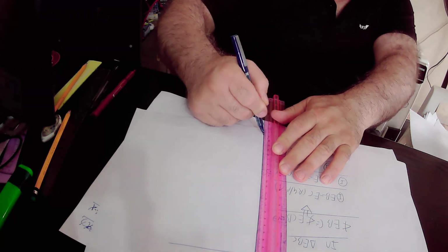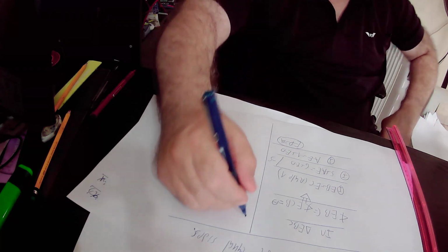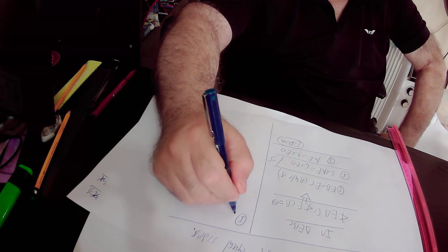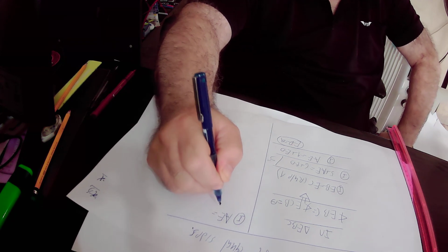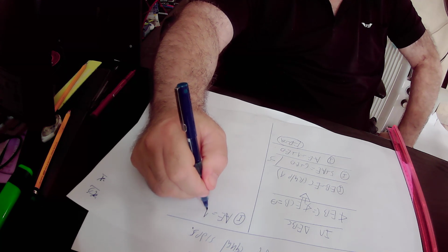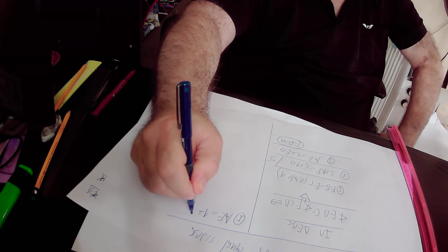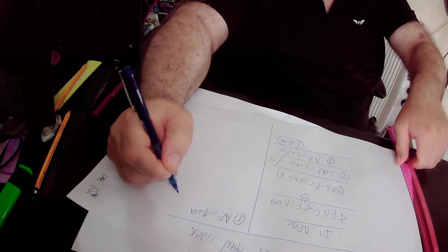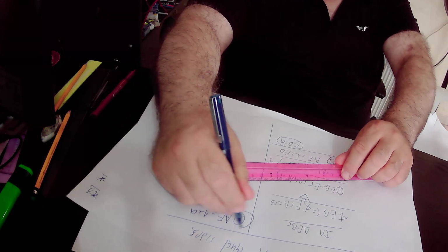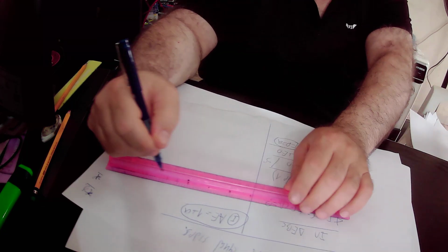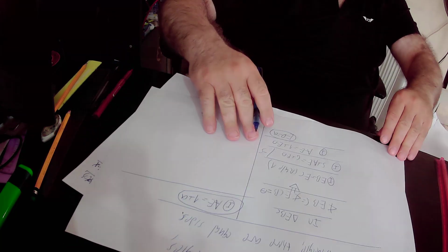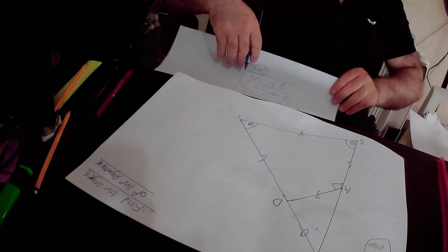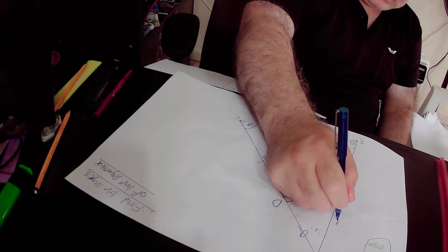According to equation number 1, AE equals 1 plus ED, and ED is A according to our definition. So in conclusion, AE equals 1 plus A. Here we can write down that AE equals 1 plus A.